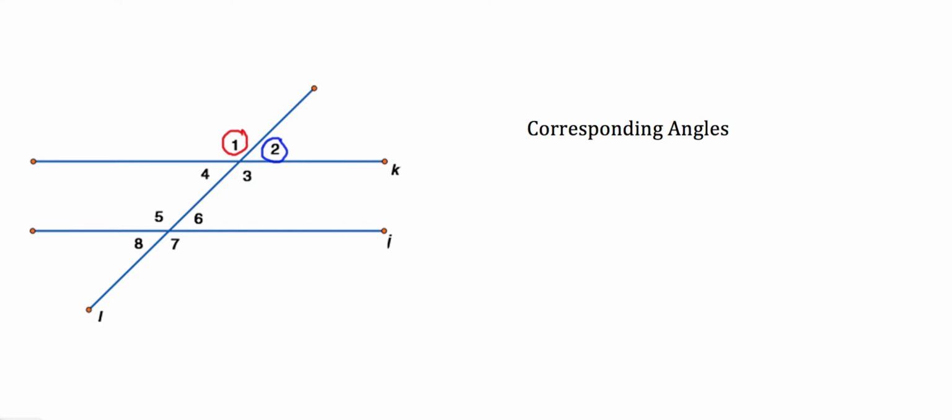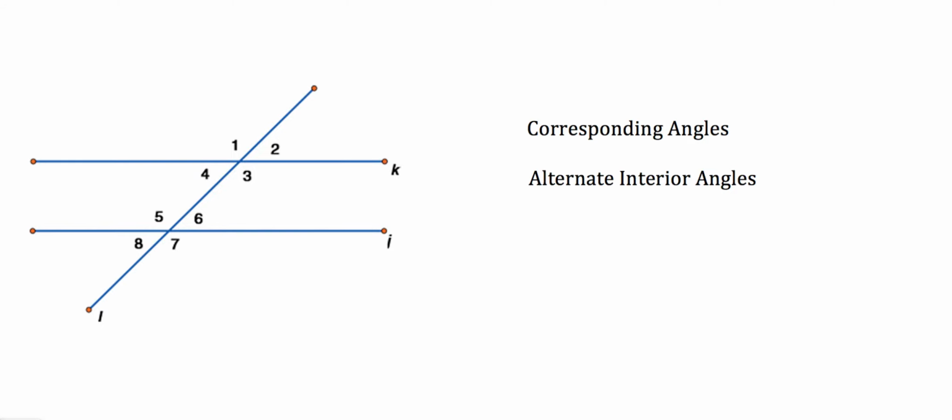Our next pair of special angles are called alternate interior angles. And so with that name, it tells us the angles are on the inside between the two lines we're given and alternate on alternate sides.